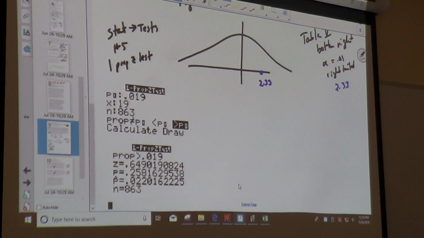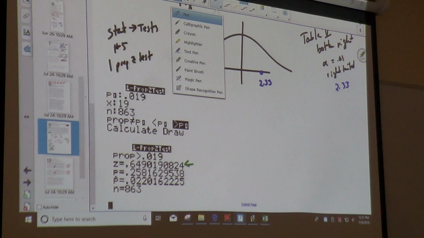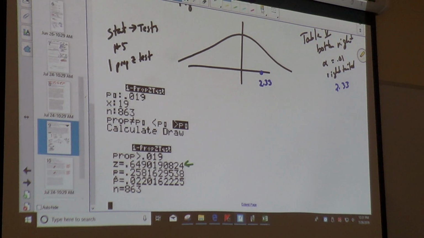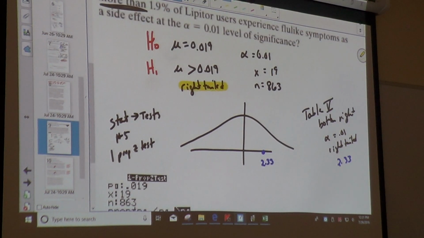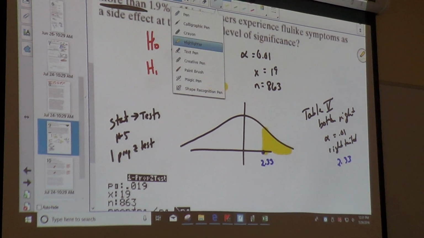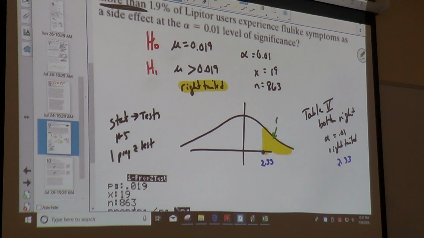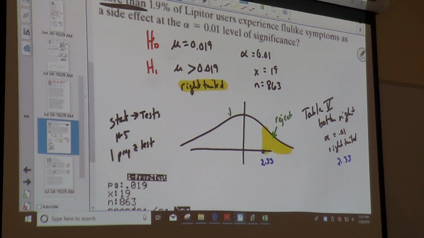Now, what we got from this is our Z. Because this was a right-tailed test, this was our reject area, and this was our not reject area.